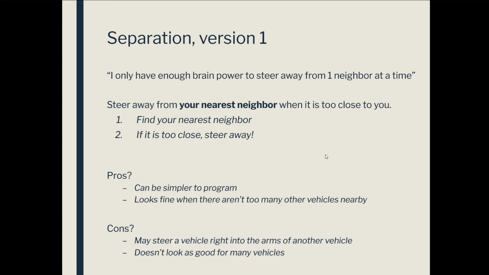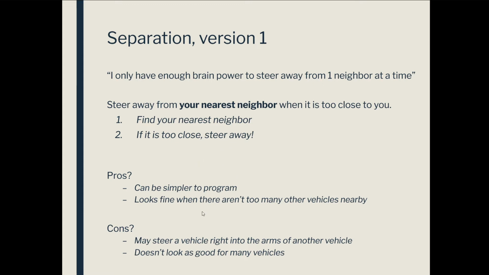So first, I'm going to start from the most simple version of this and get a little bit more complex each time. First, we'll say that we only have enough brain power to steer away from a single neighbor at a time. So we want to find our closest neighbor when it's too close to us. And then if it's too close, we want to steer away from it.